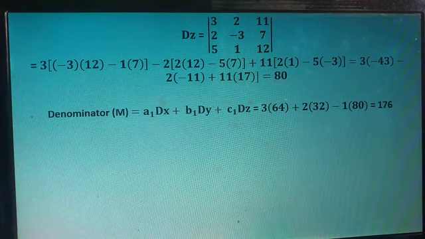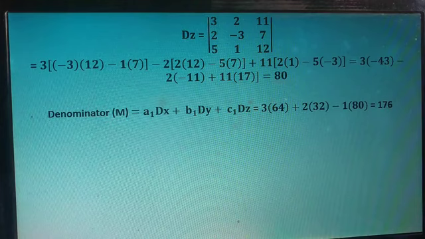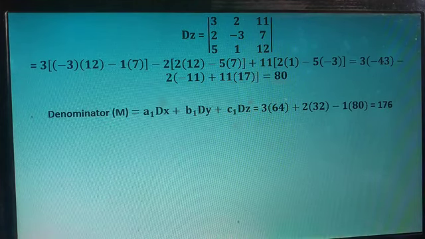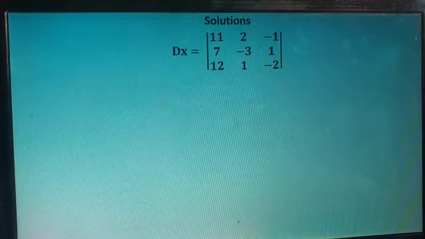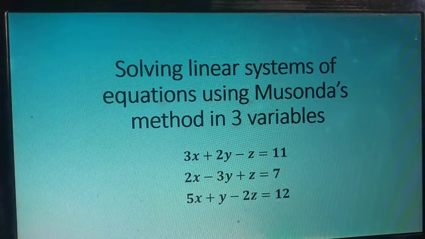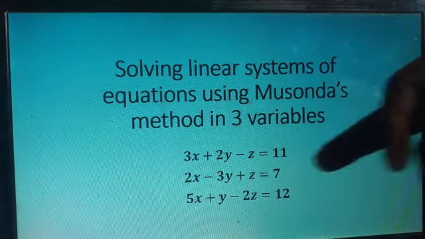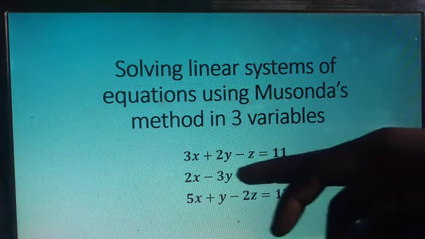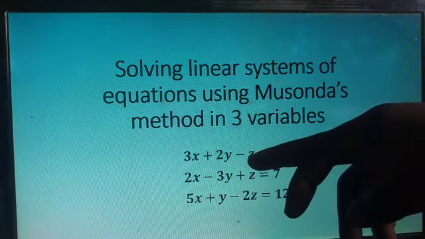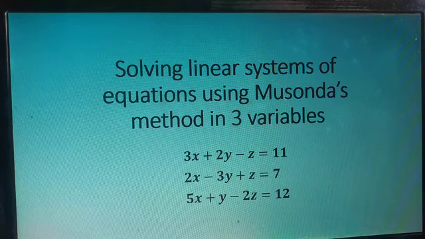In this case, I picked the first equation, and the coefficient of x in the first equation, if I may take you back to look at it, is actually 3. This is my first equation, the coefficient is 3. Then the coefficient of y is 2, and the coefficient of z in the first equation is -1.